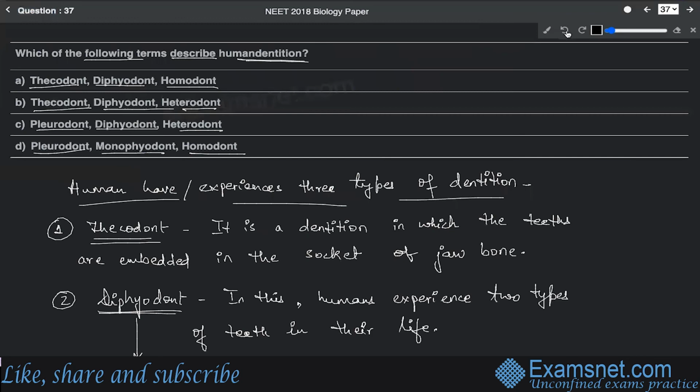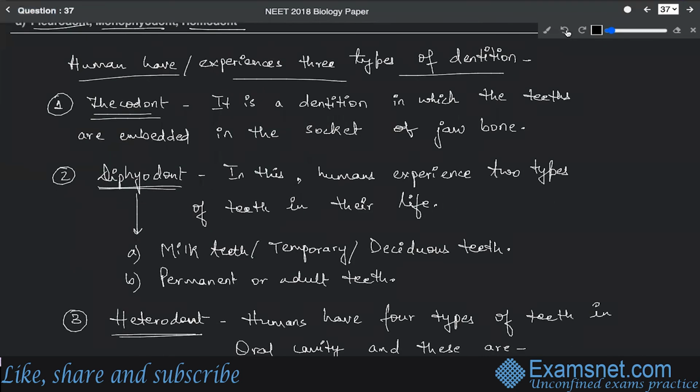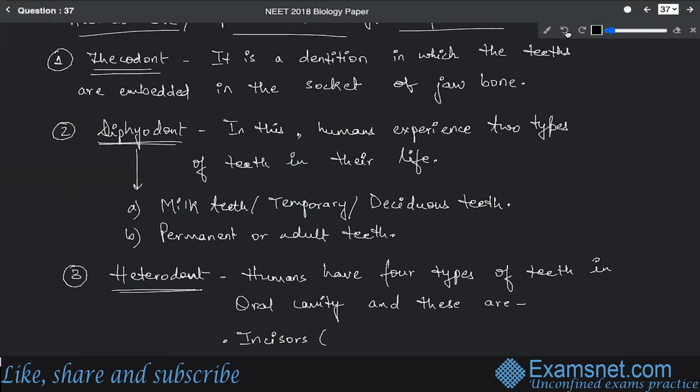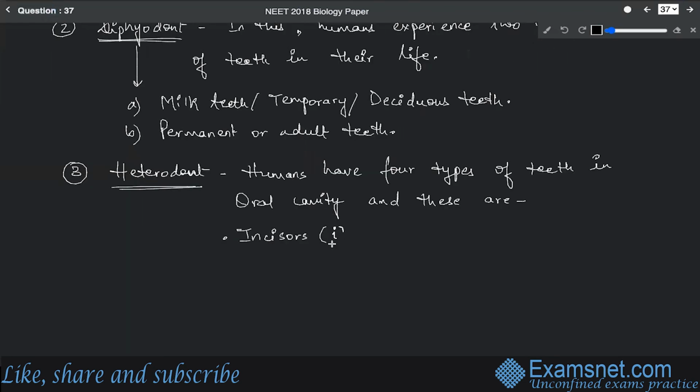canines, premolars, and molars. So these are the four types of teeth that are found in humans in their oral cavities.